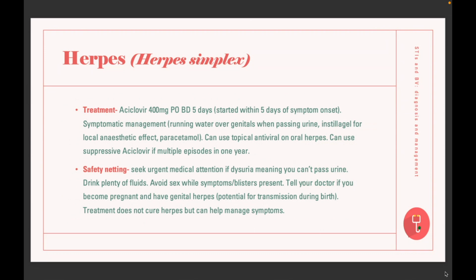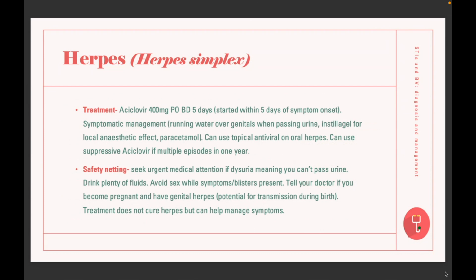You can also do symptomatic management. Commonly if patients are finding it painful to pass urine, it can be very helpful if they stand in the shower and run water while they're trying to pass urine, or they pass urine in a bath. We can also give them instillagel, which is commonly used for inserting catheters, a lubricating gel with a bit of local anaesthetic in.